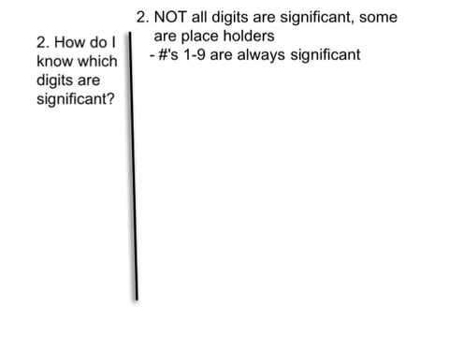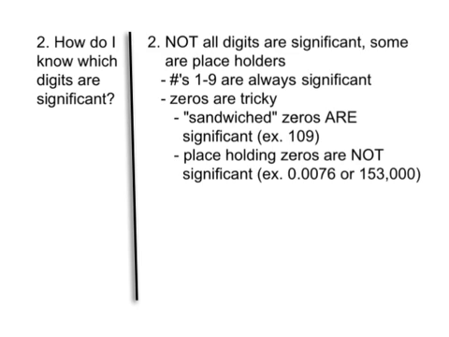So let's talk about those zeros for a sec. Okay, so with those pesky little zeros, there are just two rules that you actually have to know about those zeros. Zeros that are what we call sandwiched, which means that they're between digits that are 1 through 9, are significant.